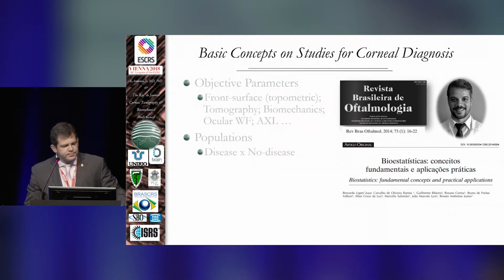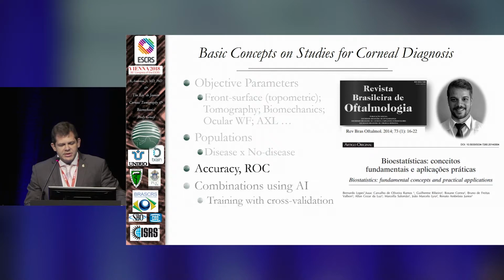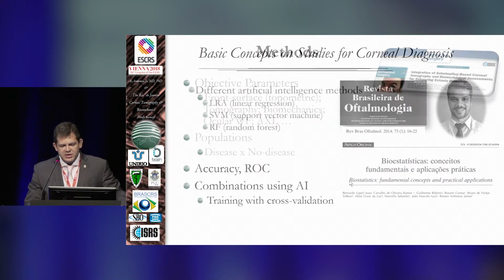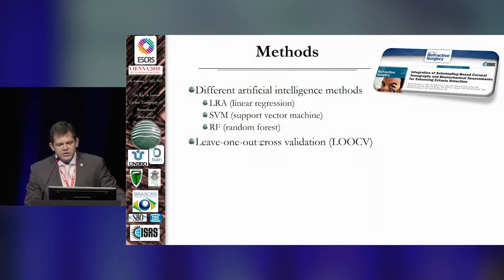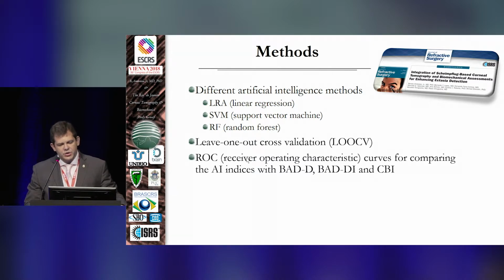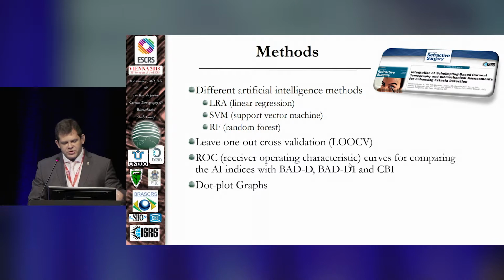We also have to look at accuracy, ROC curves, and we have to integrate with artificial intelligence. This has been one of the most important works done by Bernardo Lopes, who is finishing his PhD in a few months with all these theses. We did many ways of integrating the data, and the random forest with leave-one-out was the best one. So we have to correlate those data and compare with the metrics that we have, like the BAD-D. We created a BAD-DI so that we have a correlation easier to compare because it's going to be from 0 to 1.